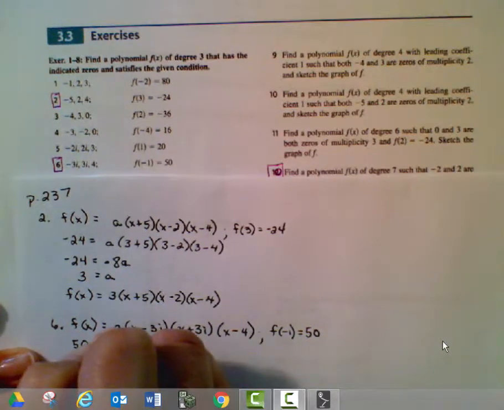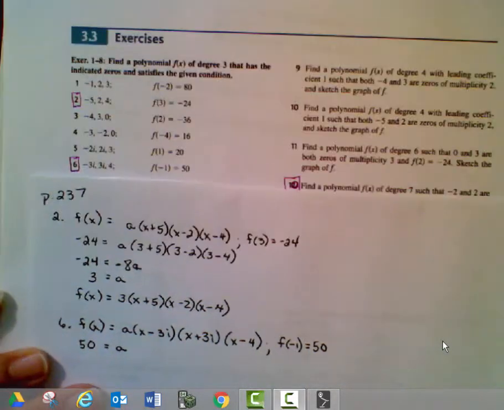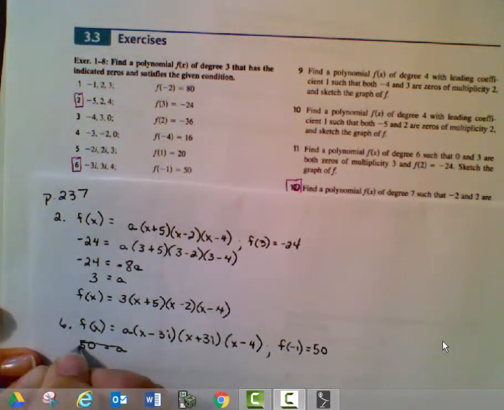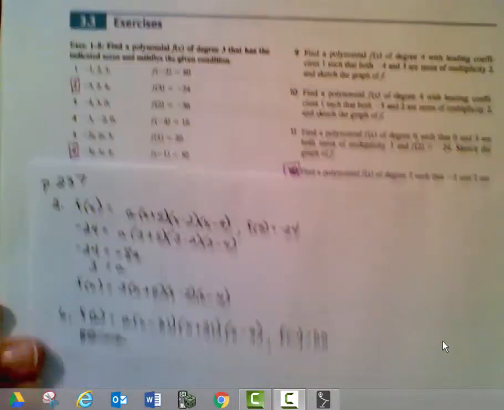Actually, I just realized something that would be easier before I did that.